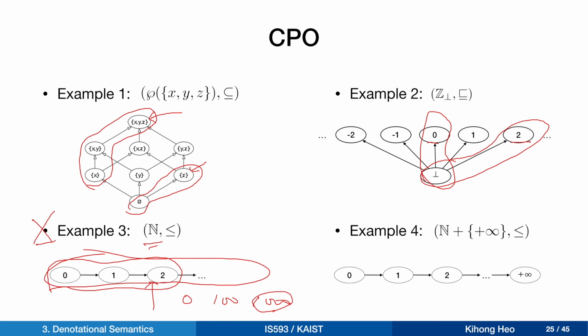To make this a CPO, we have to introduce an additional symbol like this infinity symbol and extend the order relation accordingly to support this infinity. Then finally, for all chains in the set, there exists a least upper bound, which is in the set. So this is a CPO.